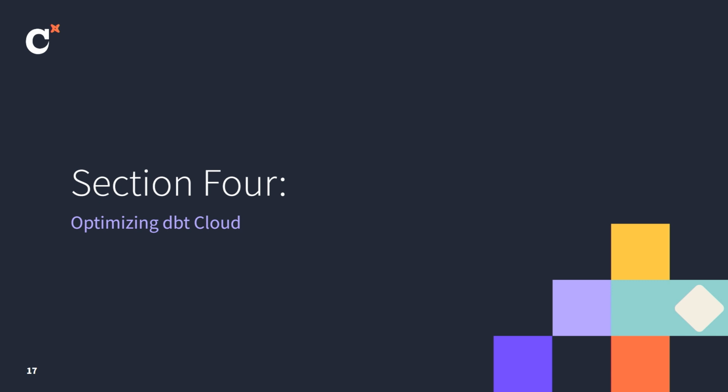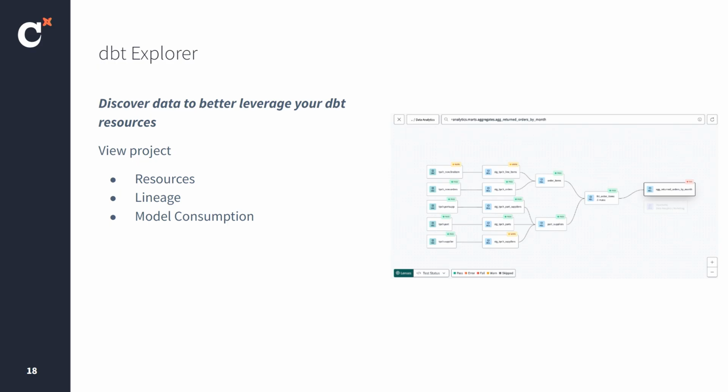But I'm just going to focus on a number of features that we know are tried and true, and that DBT Cloud customers love to use. So I'm going to start with our DBT Explorer. You might have seen this in the demo part.